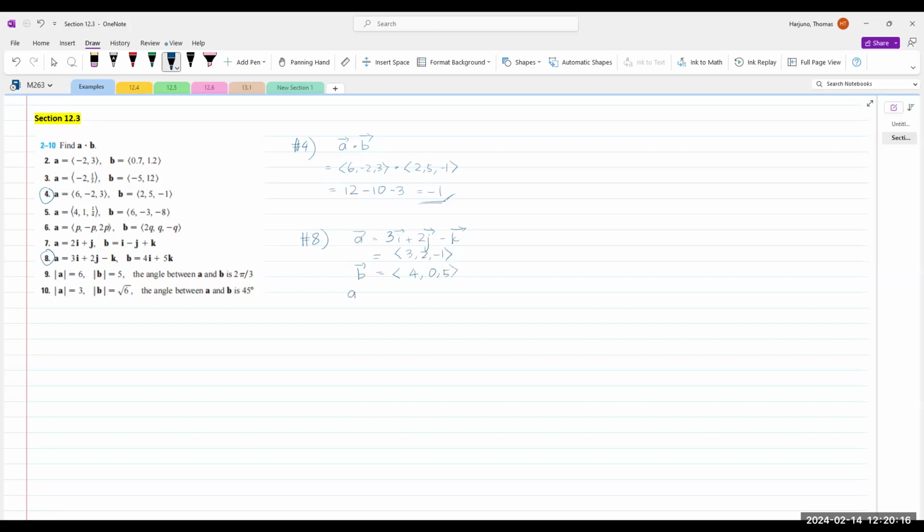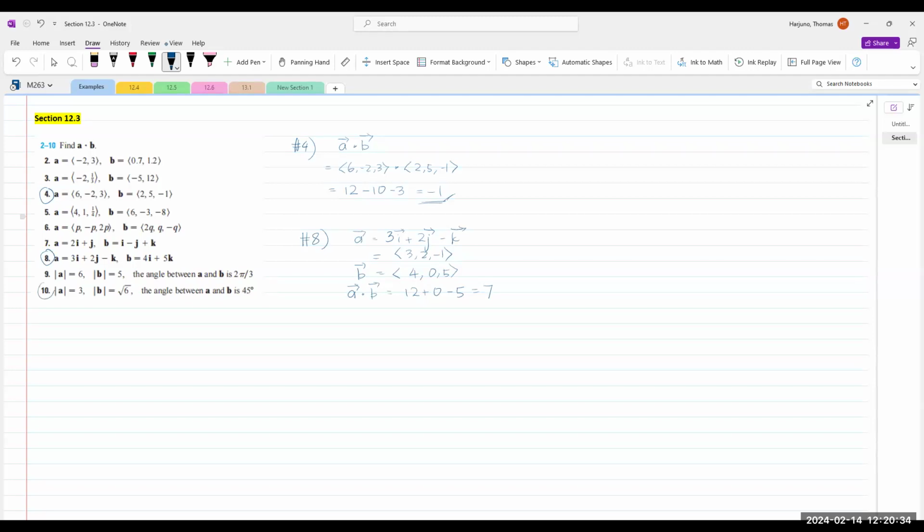So the dot product will be the product of X components 12, the product of the Y components 0, the product of the Z components is -5, so the dot product is 7.